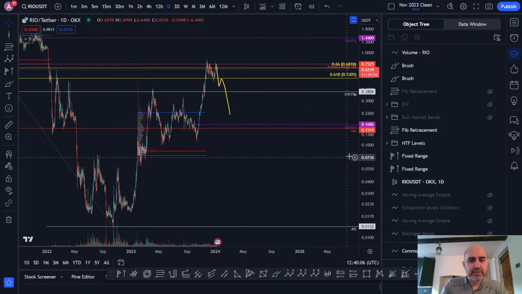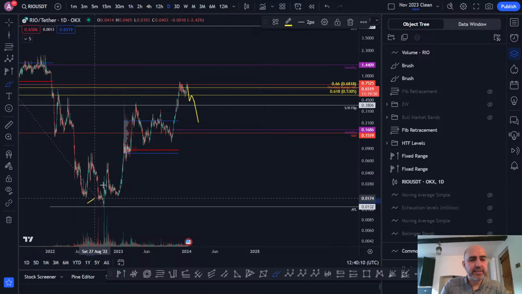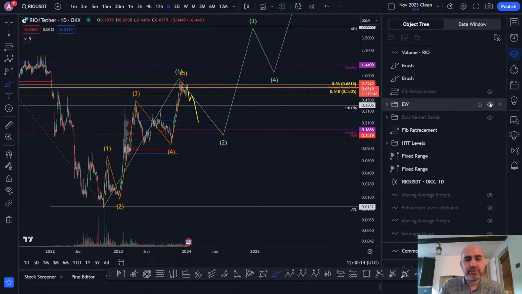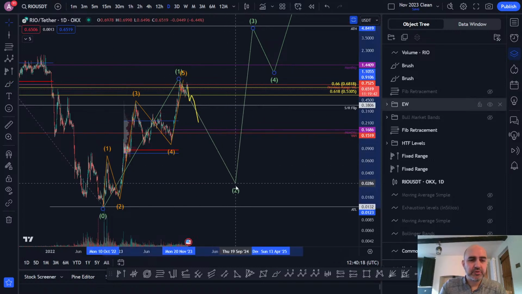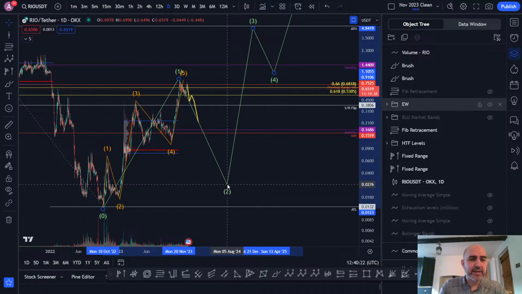As far as I'm concerned, this whole structure is a wave 1. If I bring the EW, this whole structure is a wave 1. This 2 could correct all the way down. As long as it doesn't make a new low, it would be fine as far as Elliott waves are concerned. It could correct wherever it wants.